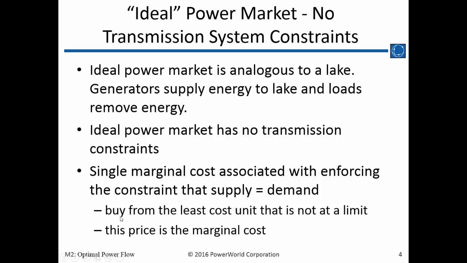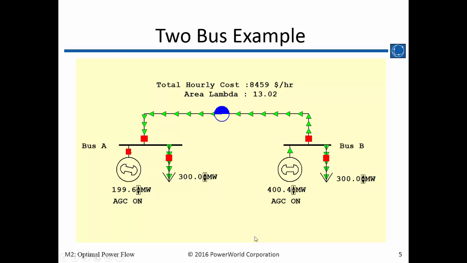The demand is satisfied with the least cost unit up until the point where that unit hits a limit, and then the next least cost unit is dispatched, and so on until you have the demand that's required by the loads. That clearing price is considered the marginal cost, and it's the same everywhere if we don't have transmission constraints.